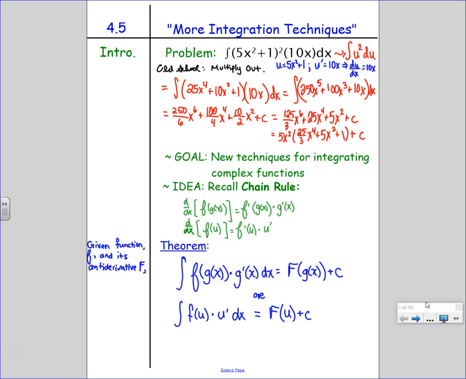So now we can say, given a function f and its antiderivative capital F, if we are given an integral of f of g of x times g prime dx, or f of u times u prime dx, we can actually ignore, in a sense, the g prime dx or the u prime dx, as it was all just a part of the chain rule.